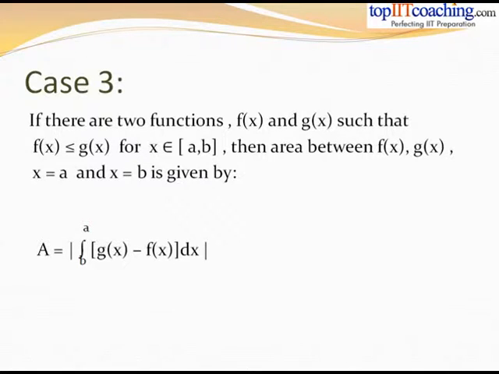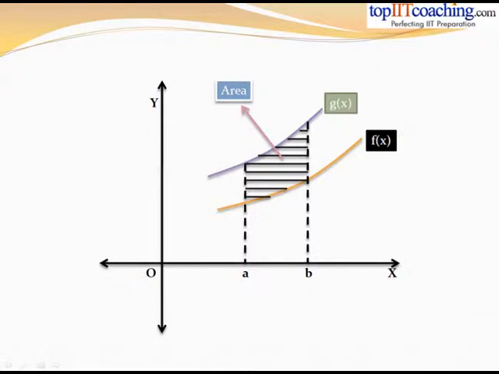So if we say that this is the curve g(x), this is the curve f(x), we see that g(x) is greater than f(x) here. Now we have any point x equal to a and x equal to b. The area between g(x), f(x), x equal to a and x equal to b is this portion.